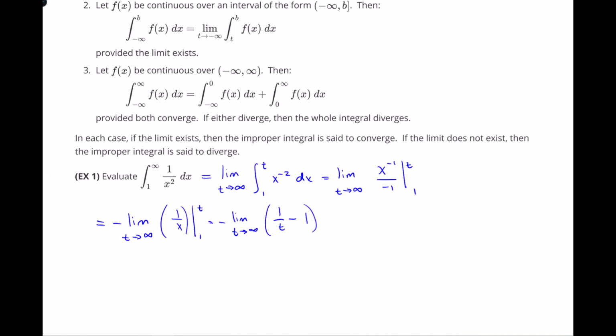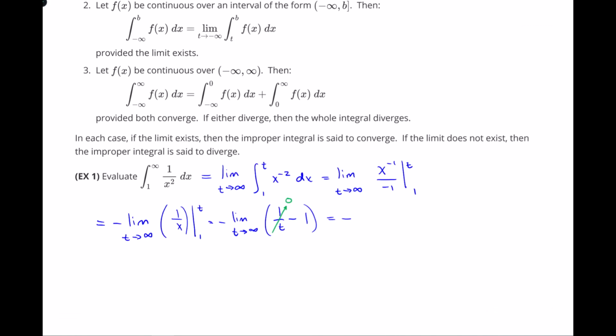So now we have a function that's come from our integral. We want to see what happens to this function as t gets very large. Well, as t goes to infinity, 1 over t goes to 0. And I have this negative. The value of a constant just stays constant through a limit, so that's fine.